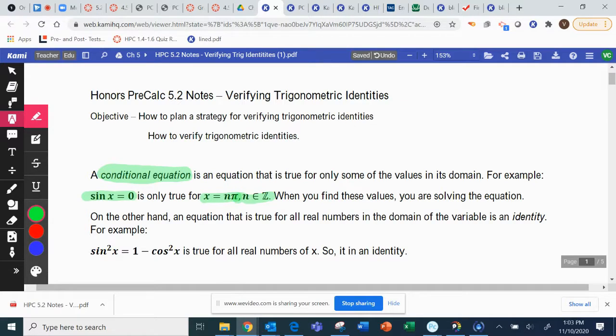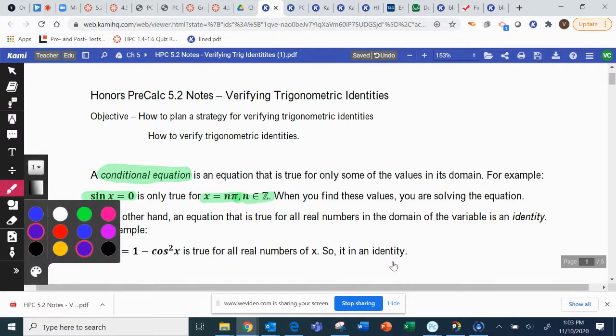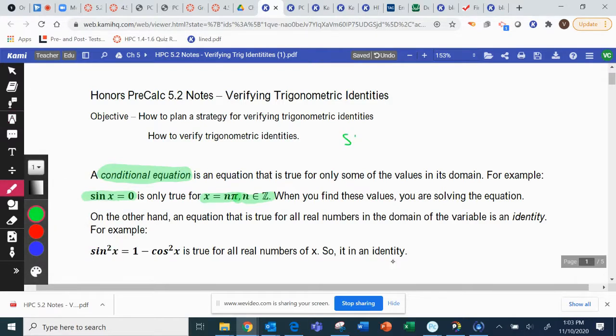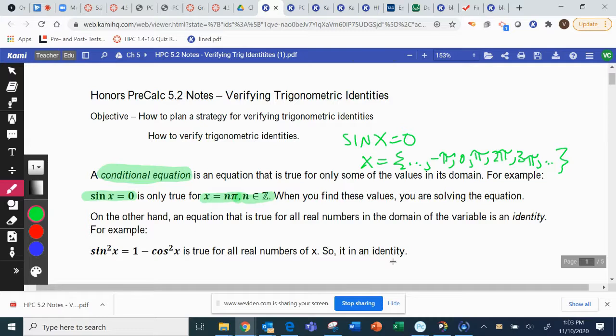For example, sine x equals 0 when x is negative pi, 0, pi, 2 pi, 3 pi, etc. So that's a conditional equation because there's only certain numbers in the domain that work for that equation.